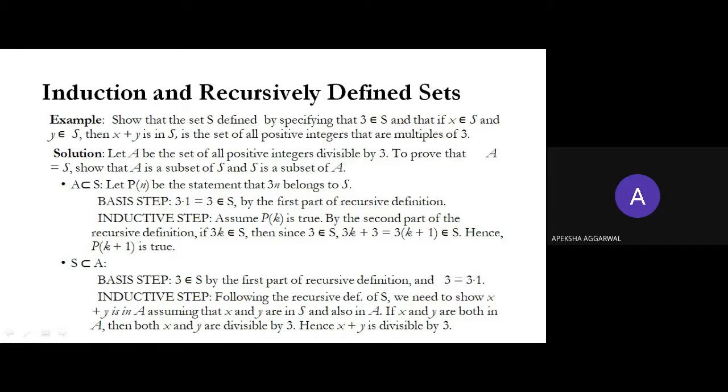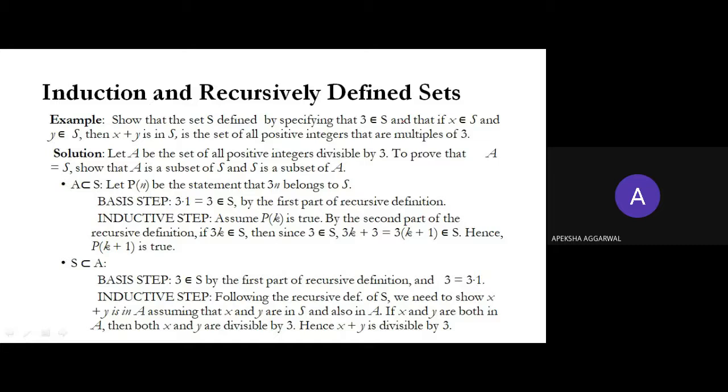So suppose you have one integer that is a multiple of 3 and you add another integer which is also a multiple of 3, then you will get something that is also a multiple of 3. How will you prove it? You will prove it using mathematical induction.